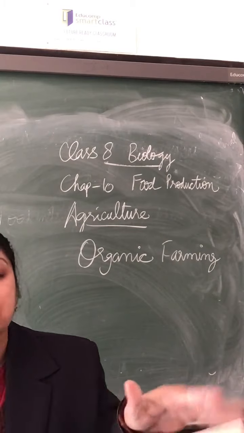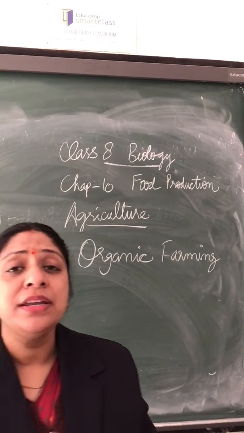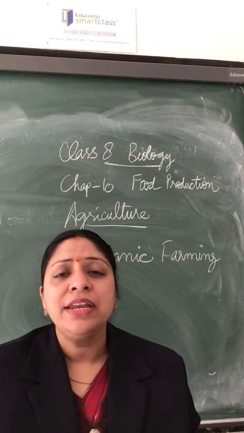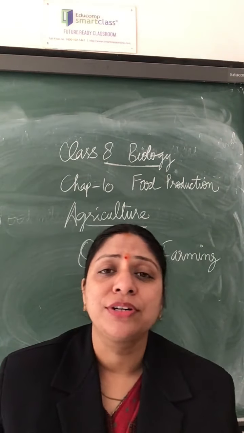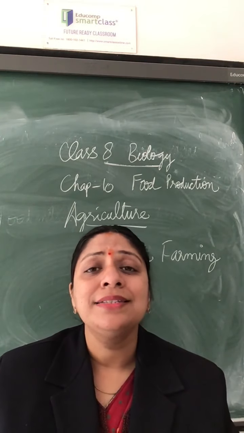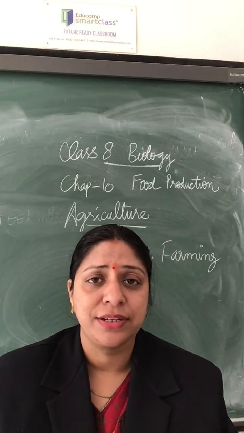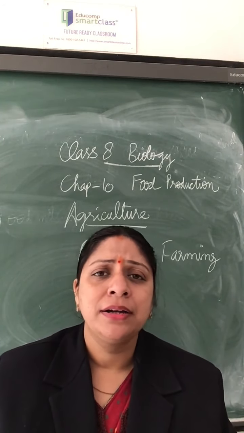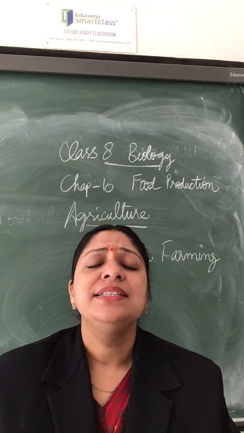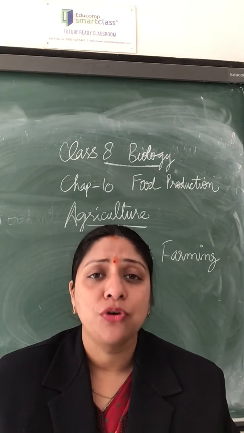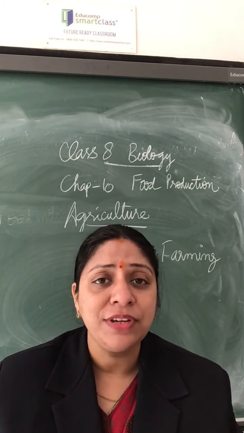Now let us read about the Green Revolution. Dr. Swaminathan is considered the father of the Green Revolution in India. Years back, India was not a self-sufficient producer of food crops, especially wheat.